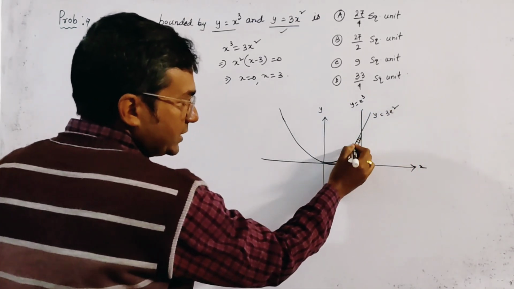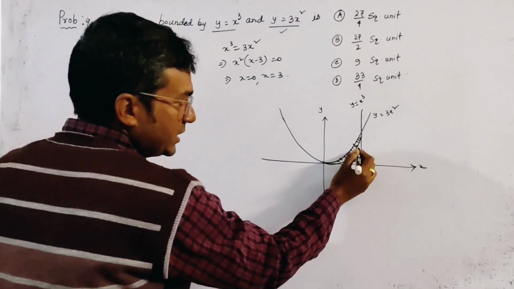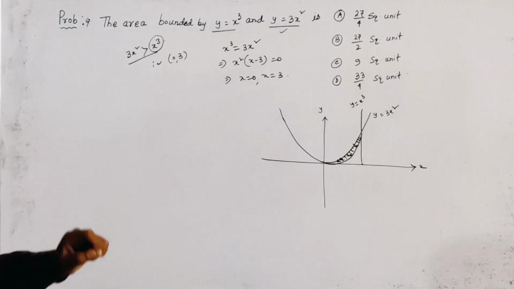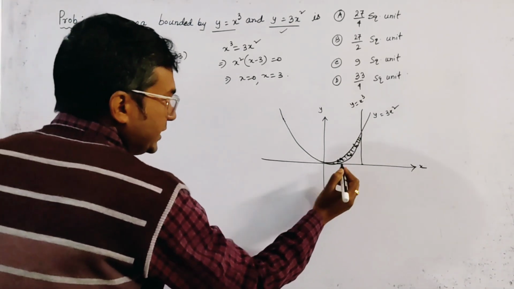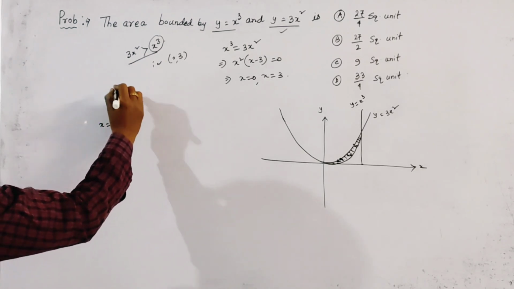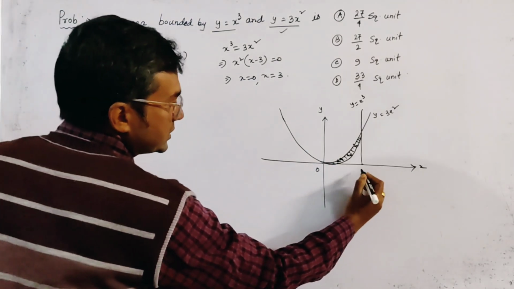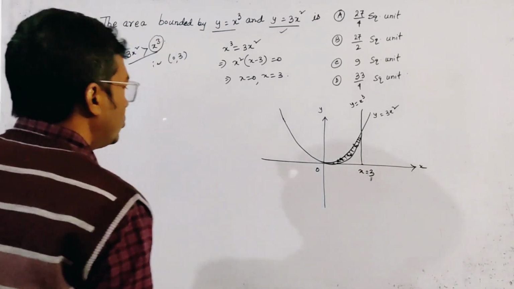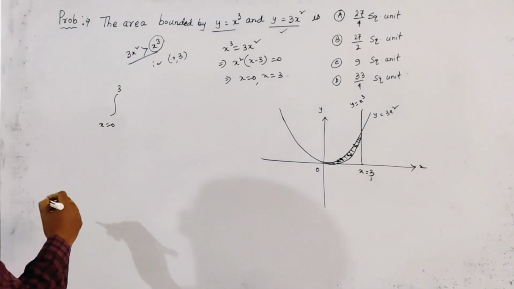We have to find the area of the shaded region, because we have to find the area bounded between two curves. So we must integrate between x equal to 0 and x equal to 3.